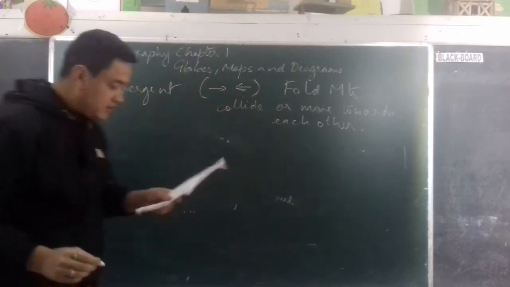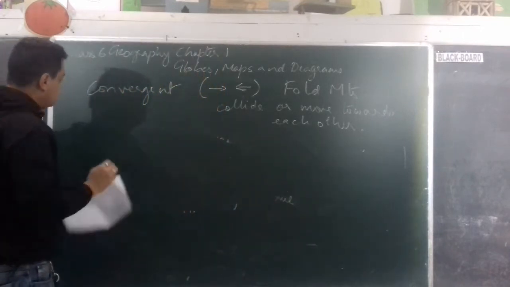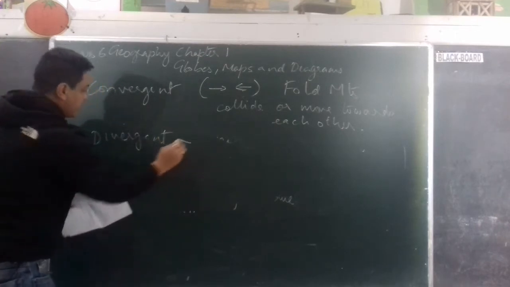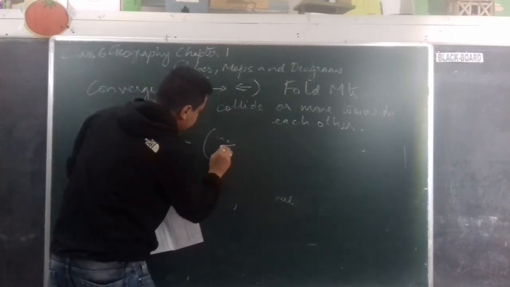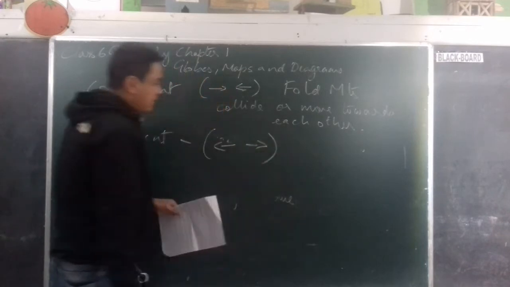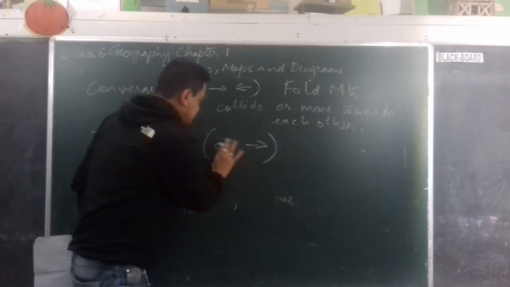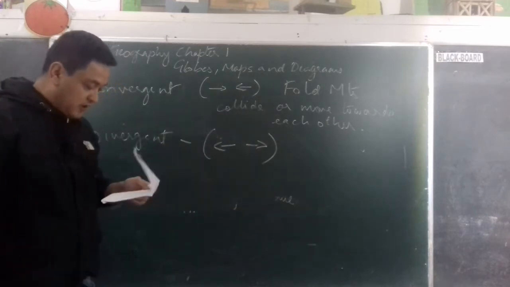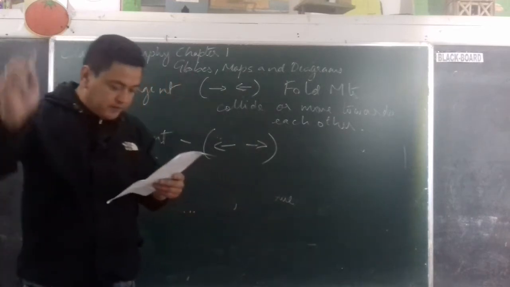Now we are again studying divergent movement, D-I-V-E-R-G-E-N-T. A simple way of knowing this divergent movement is the arrows, look at the arrows.